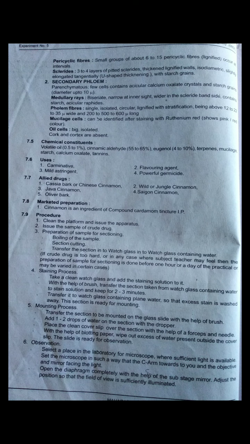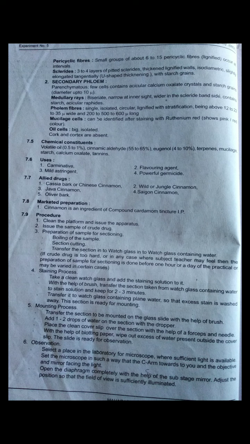Firstly, boiling of the sample, then section cutting, and transfer the section into a watch glass containing water. If the crude drug is too hard, then the bark is to be softened before the practical.